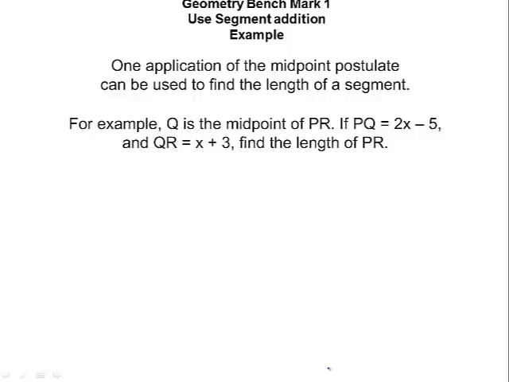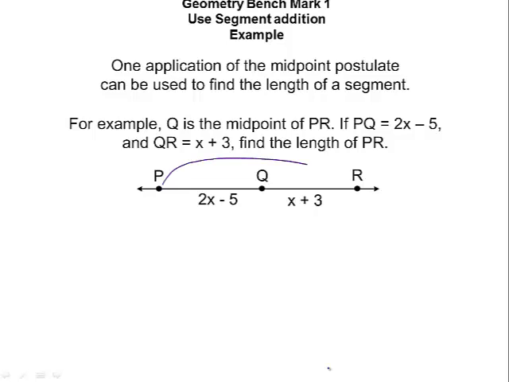midpoint and some algebra. So let's say I want to find this length, PR. And I don't know these individual lengths, but I have algebra. And Q is a midpoint. And that tells me that these two things are equal, because a midpoint cuts things into equal halves.